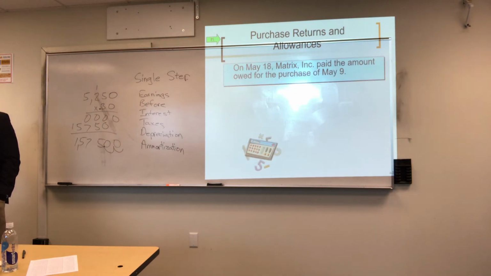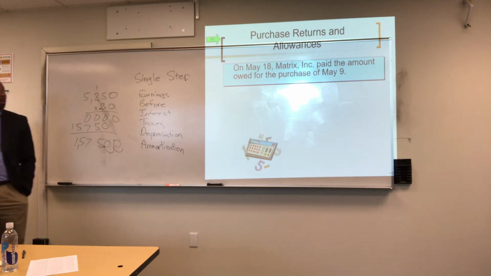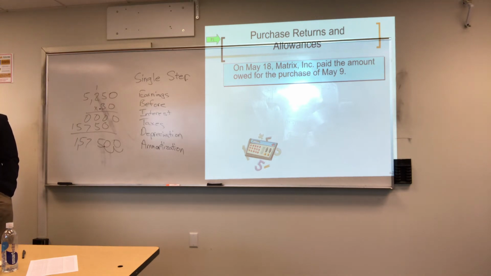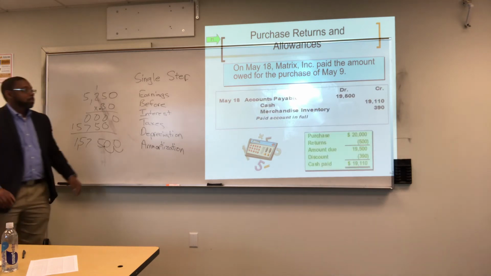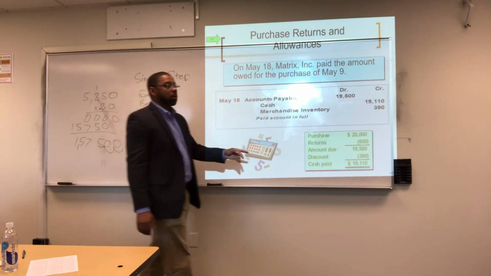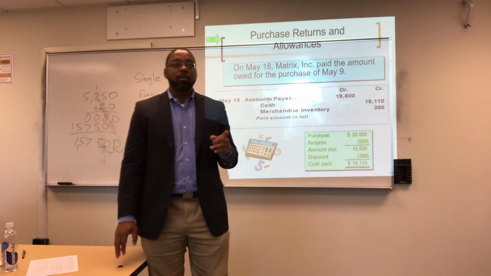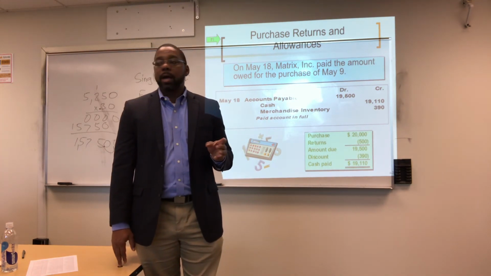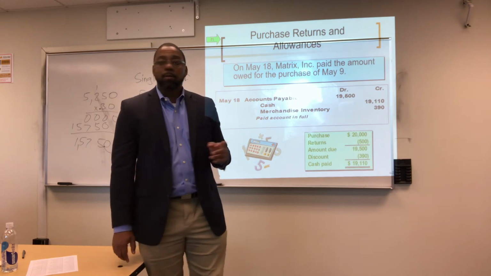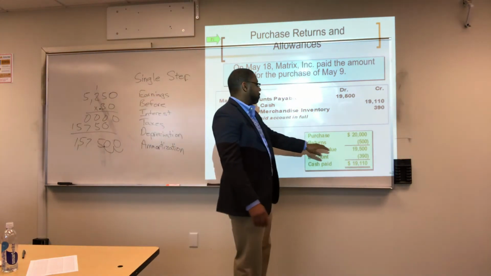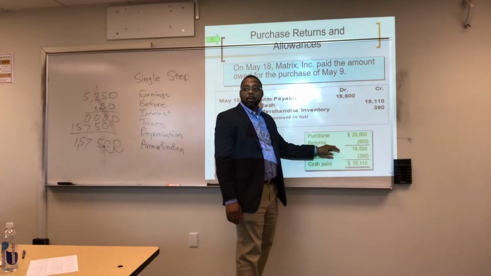Now, let's say on May 18th, Matrix Inc. pays. What was owed on May 9th? When they pay, the first thing you need to do when you're going to get a discount and you've returned something, or you had an allowance, is subtract that return or allowance.